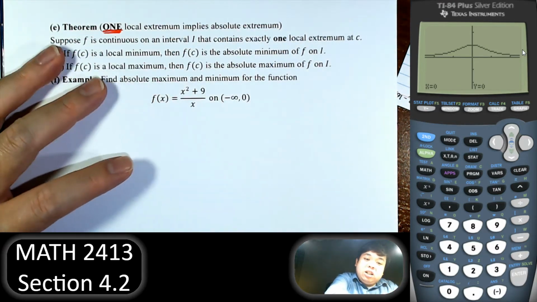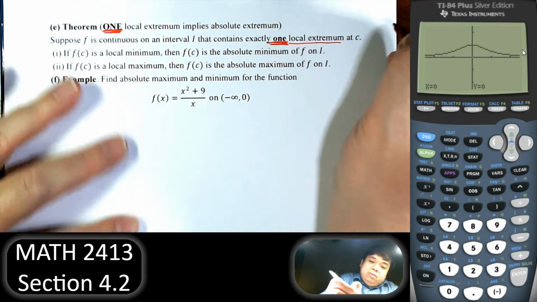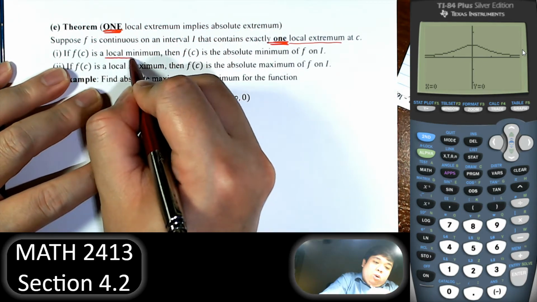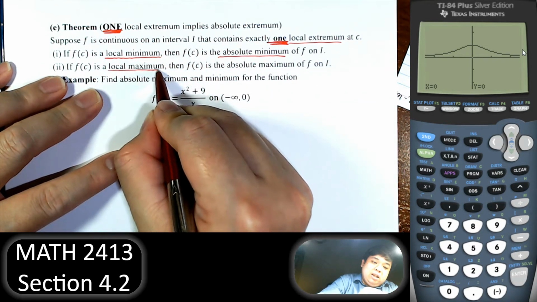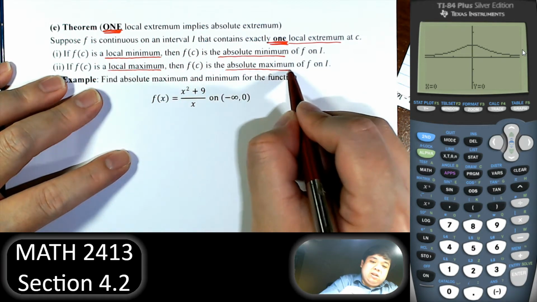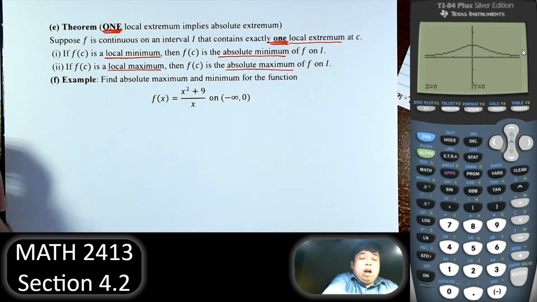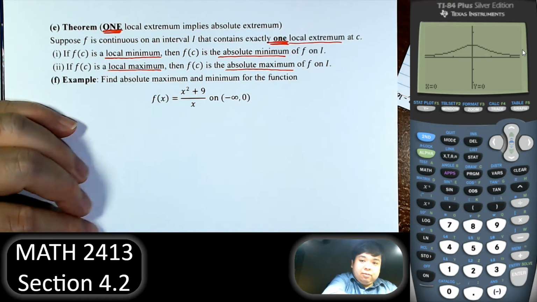So suppose the function is continuous and has exactly one local extremum. Then if it is the local min, it will also be the absolute min. If it is local max, it is also absolute max. So in that case, we will find absolute max or absolute min exactly the way we find local max and local min.